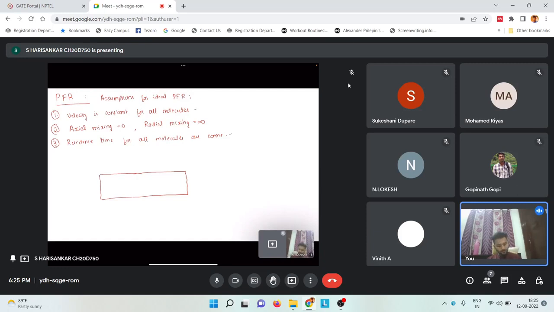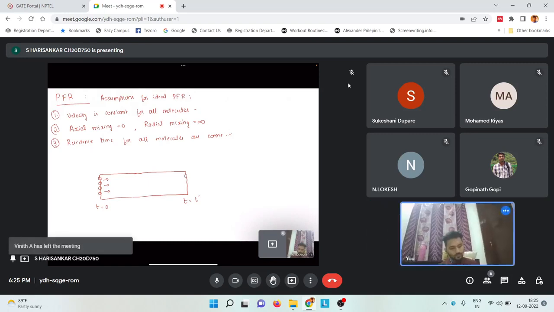Let's say four molecules enter this PFR at time t equal to 0. Then at some arbitrary time t dash, all these four molecules will be exiting the PFR.